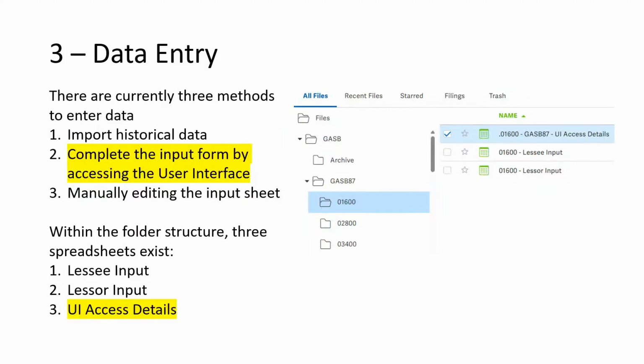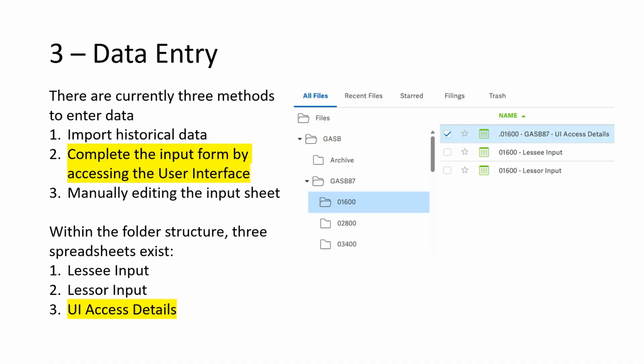We can import historical data, which we may have done in the implementation. Complete the import form by accessing the user interface, which is the FHB recommended best practice, and edit the input sheet manually, which is discouraged as it could lead to data inconsistencies.